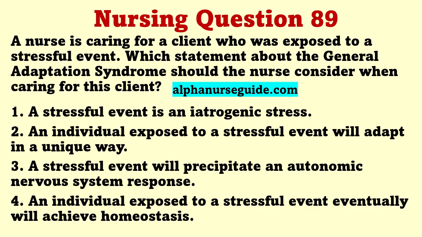An individual exposed to a stressful event eventually will achieve homeostasis. The correct answer is 3. A stressful event will precipitate an autonomic nervous system response. Rationale. Stressors precipitate the general adaptation syndrome, which is a neuroendocrine response and part of the autonomic nervous system.